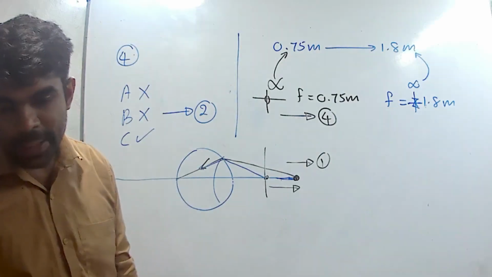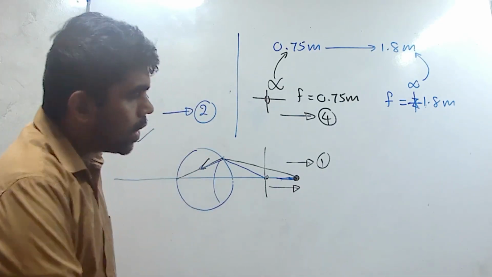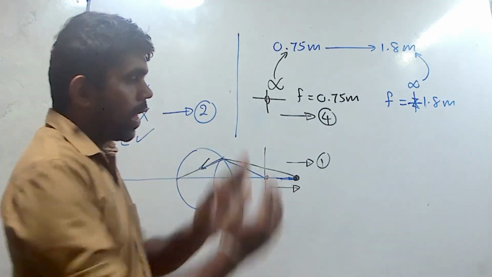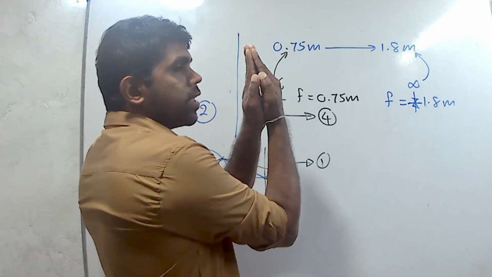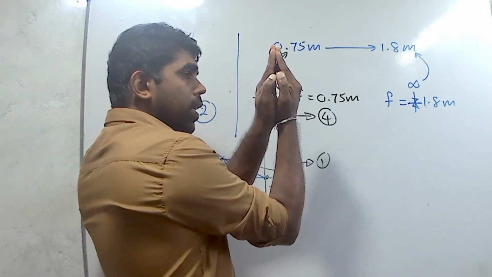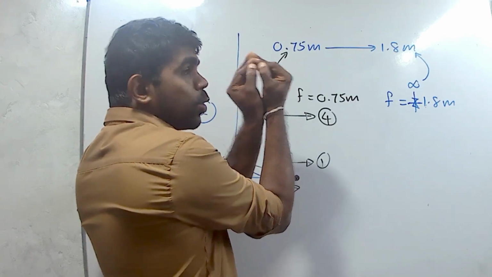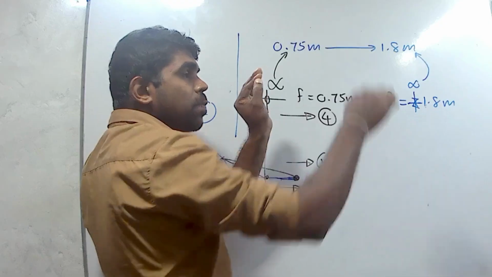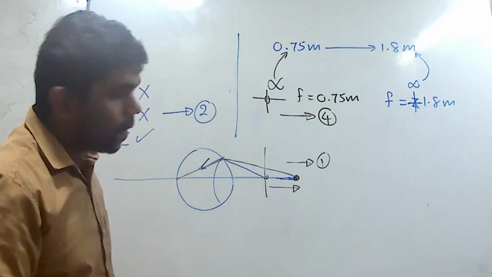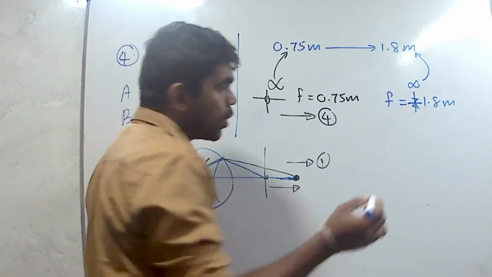We know that when seeing a far object, the lens is like this. There is a high focal length. To see a near object, the focal length should be like this. It means there is a small focal length. Then it is changing focal length. Then the answer should be 3.